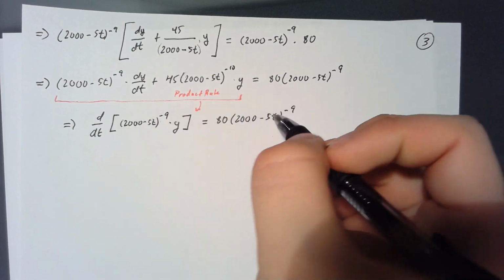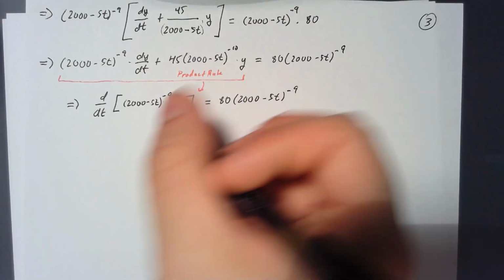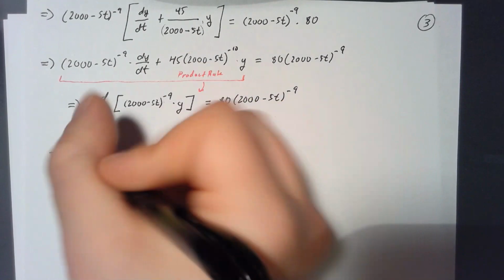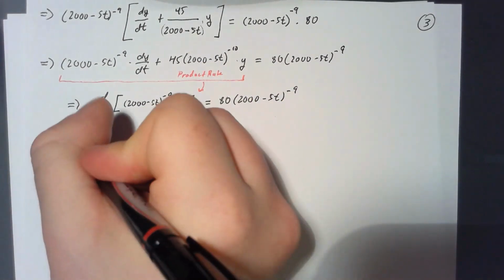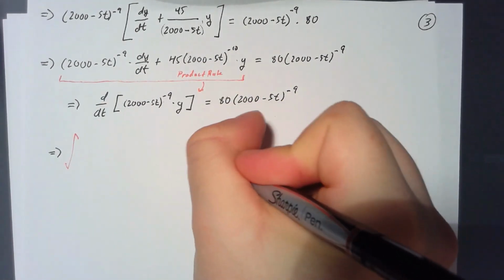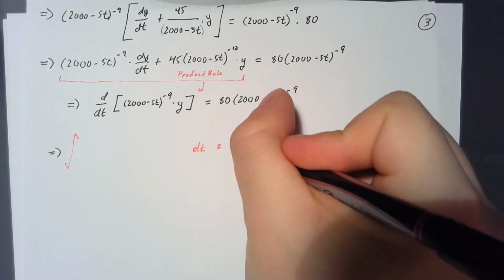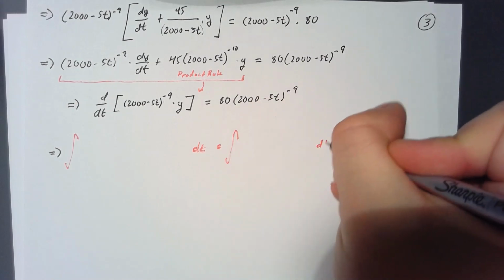So now from here, just integrate both sides. That's where the magic occurs. You're going to integrate the left side, and you're going to integrate the right side.